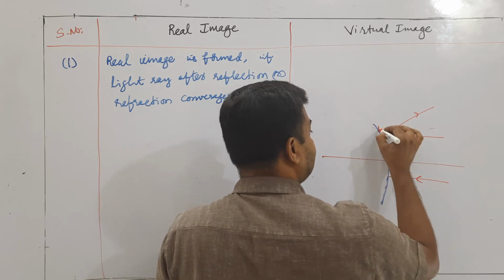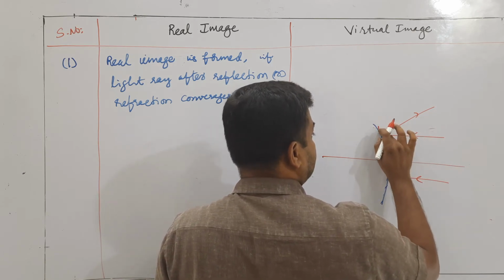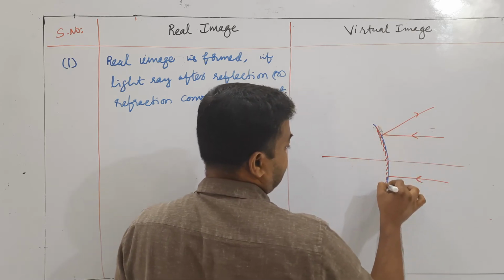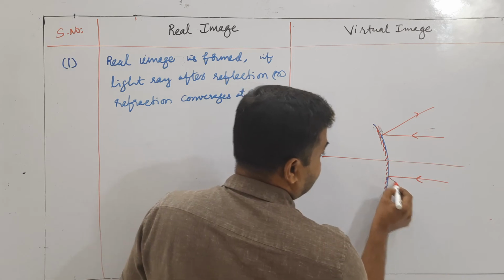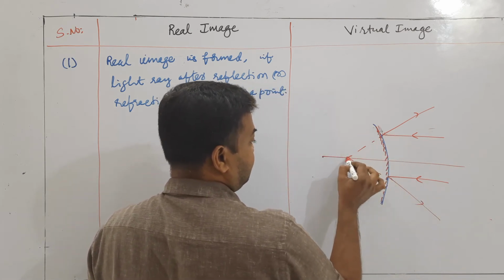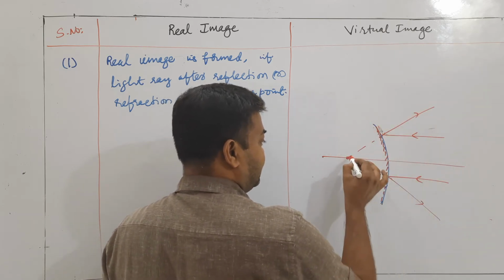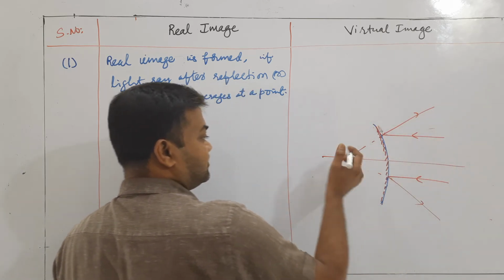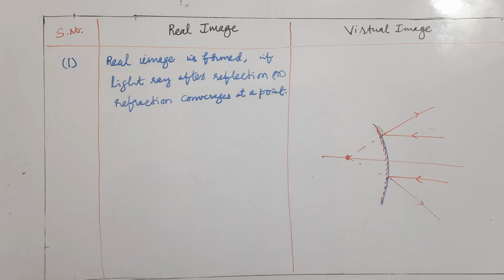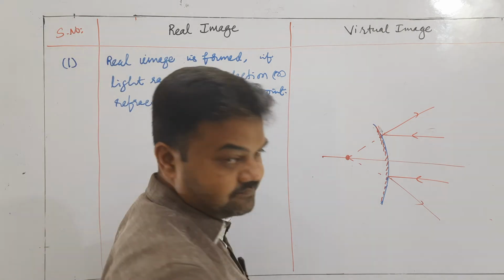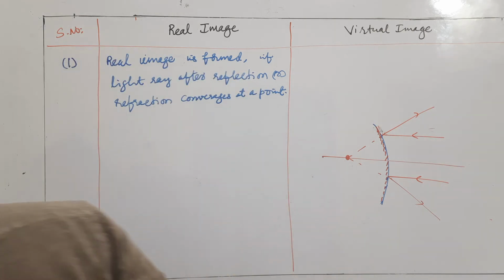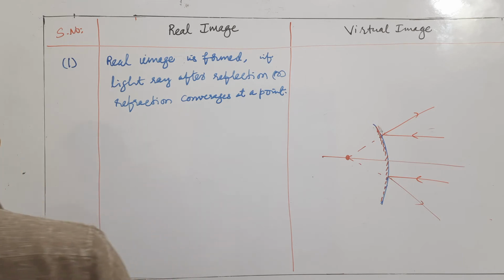The polishing is outside. It will reflect like this, and all these rays appear to come from this point. Such an image is called a virtual image. Virtual image means it appears to come from the point.